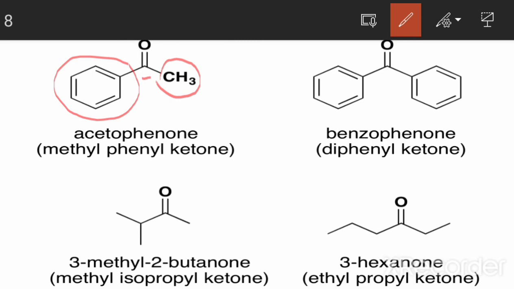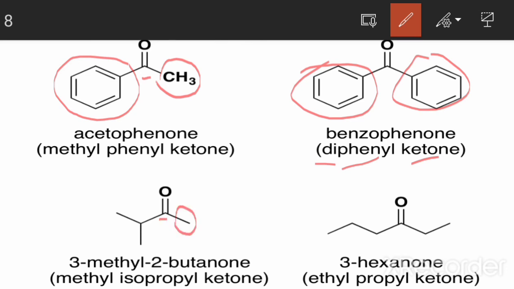And the other example contains two phenyl groups, so we add diphenyl ketone, and the other name is benzophenone. The next example is a ketone that has a methyl group on one side and an isopropyl group on the other, so we name it methyl isopropyl ketone.